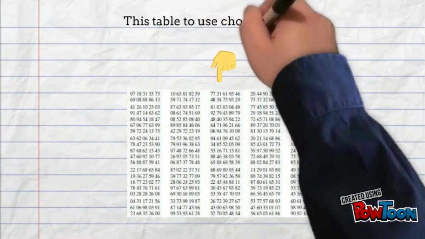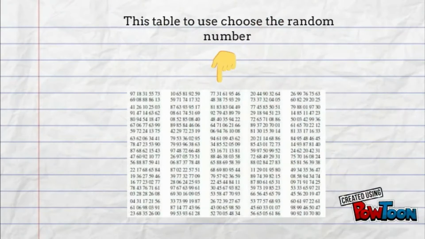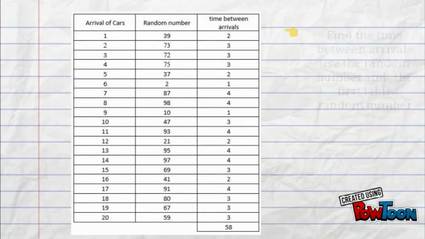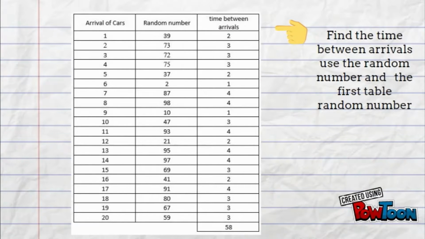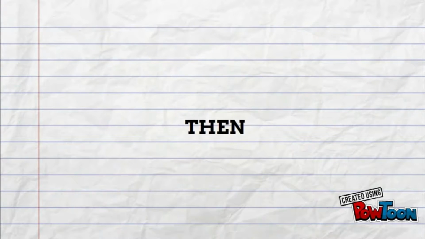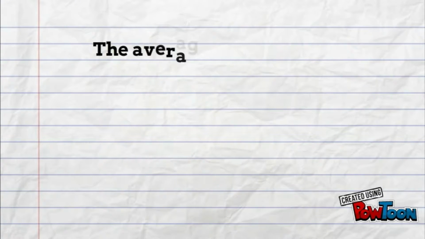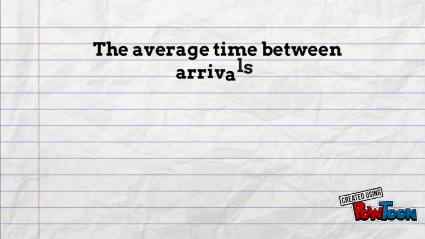This table is used to choose the random number. Find the time between arrivals using the random number and the first table of random numbers. We find out the average time. The average time between arrivals is 58 over 20, equal to 2.9.